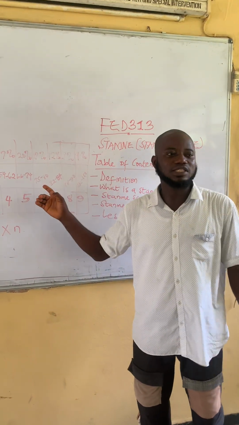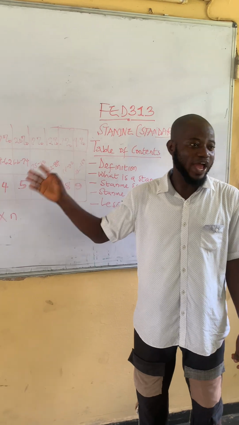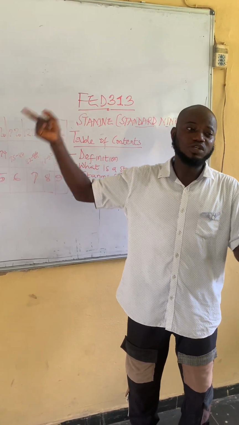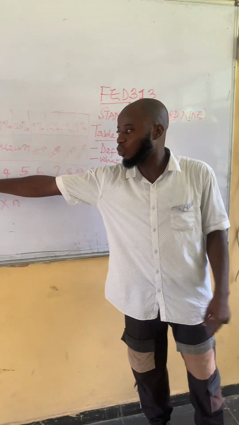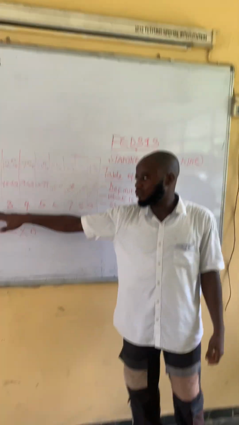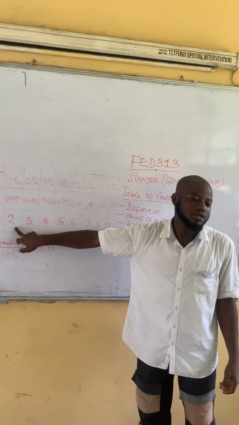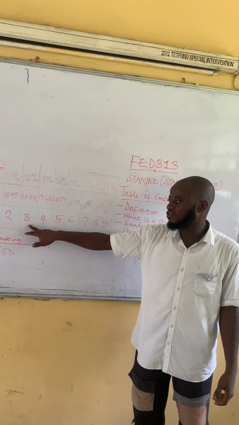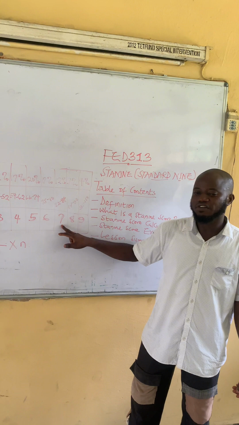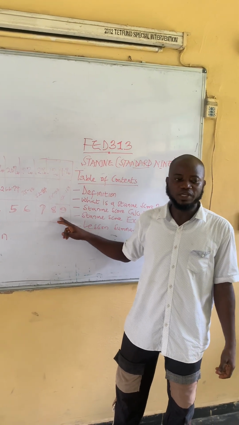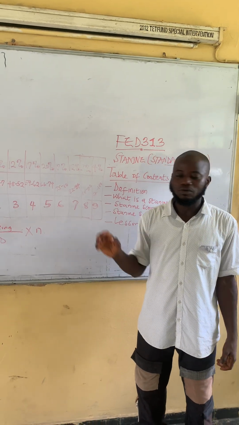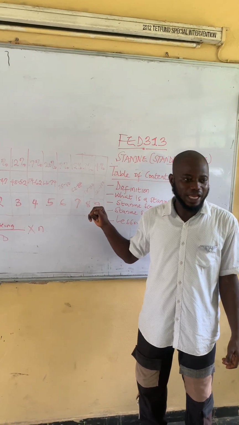But the reverse is the case when it comes to WAEC and NECO, where students on 1 are the highest. That's why you have A1, then followed by students on 2, where you have B2, then B3, C4, C5, C6, D7, E8, and F9, which means in WAEC and NECO, 9 is the poorest, while in Stanine, 9 is the highest.